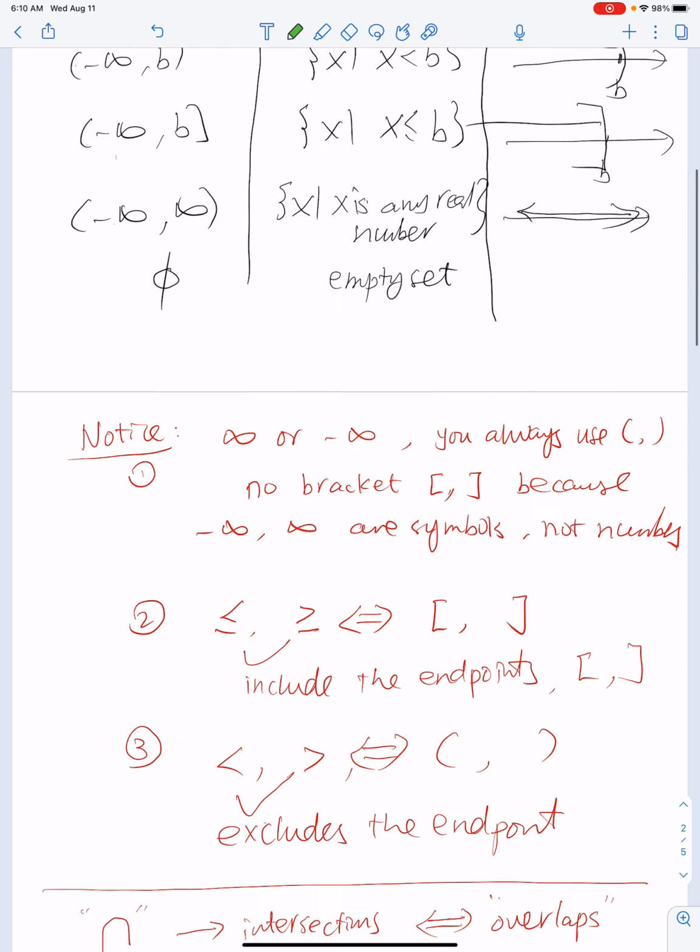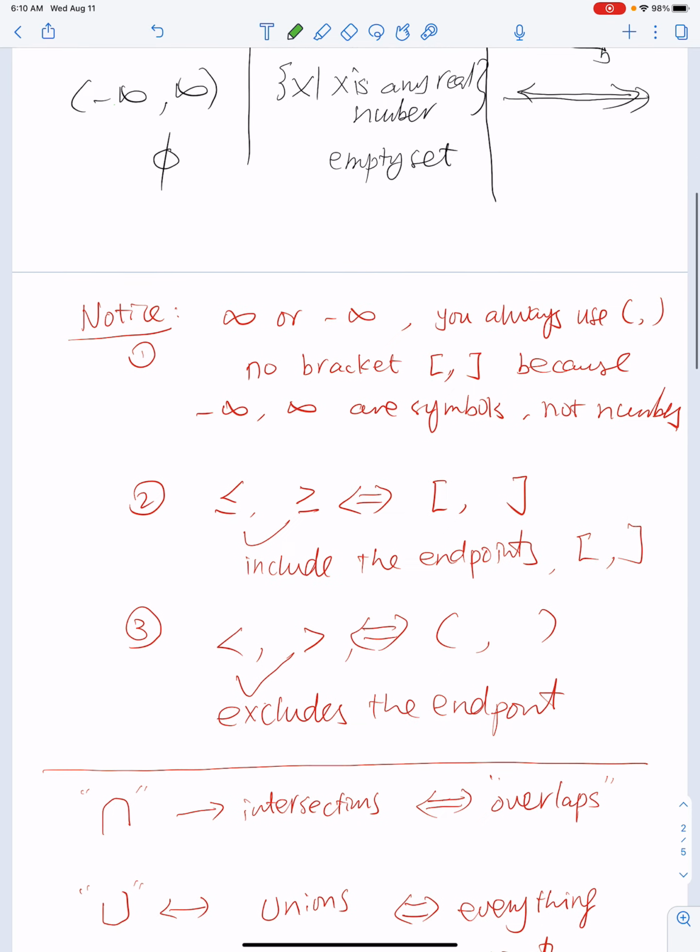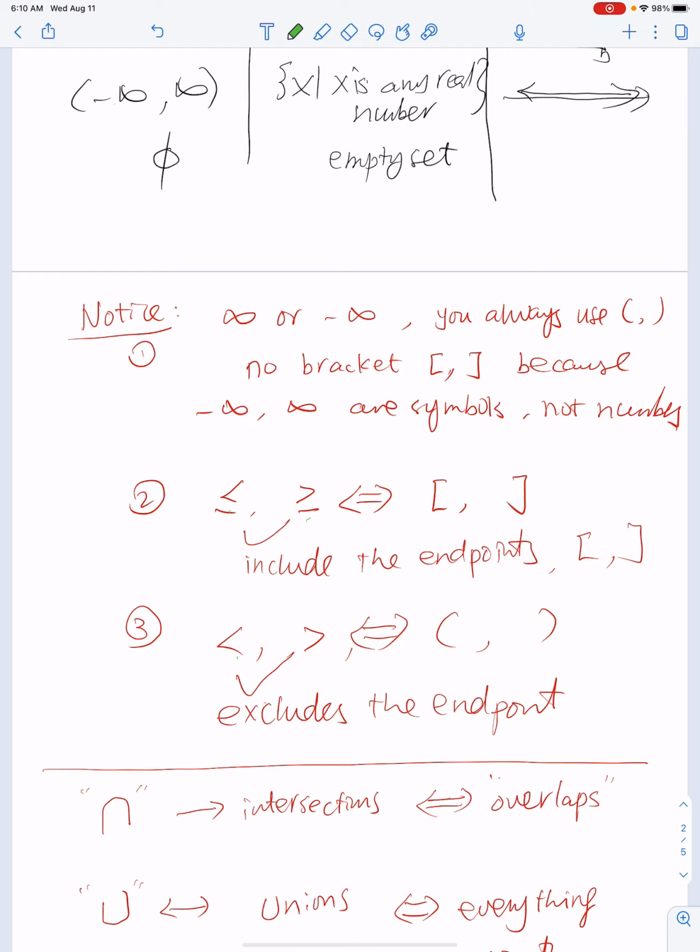So the general rule here is infinity and negative infinity always use parentheses, no bracket at all, because they are symbols, not numbers. And when will you use a bracket? When you have less than or equal to or bigger than or equal to, which means include the endpoints. And for less than or bigger than, you only use parentheses.